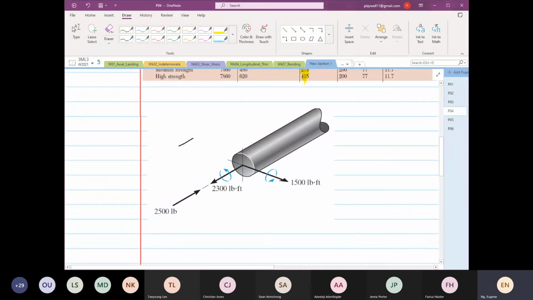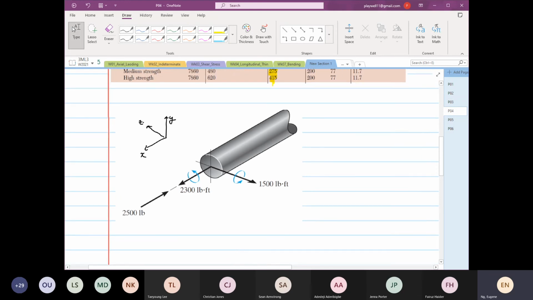So define our transformation x, y, z. We know that we have our Px equal to 2,500 pounds.